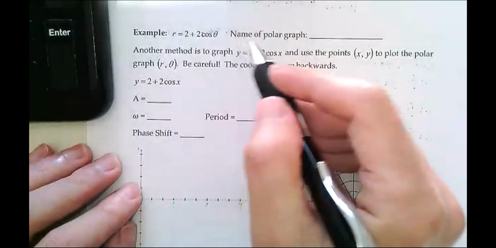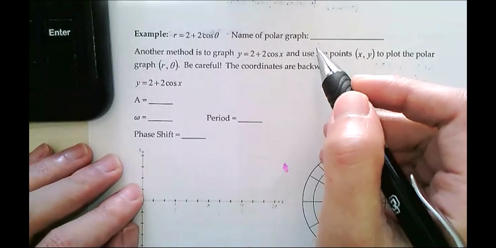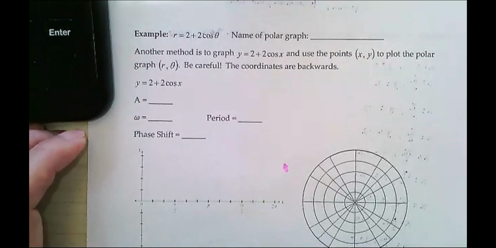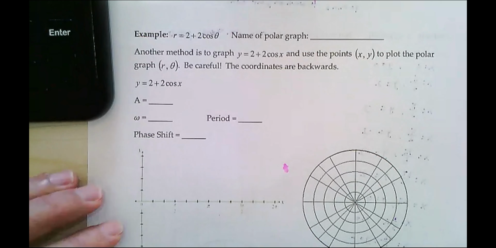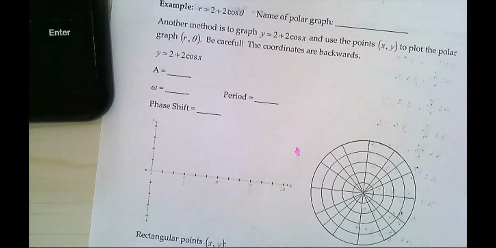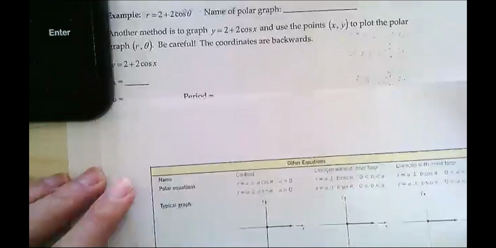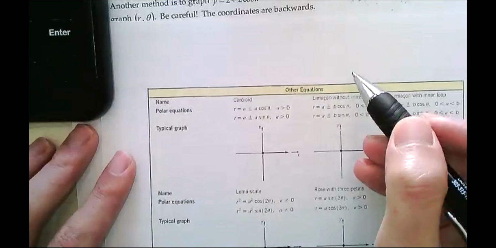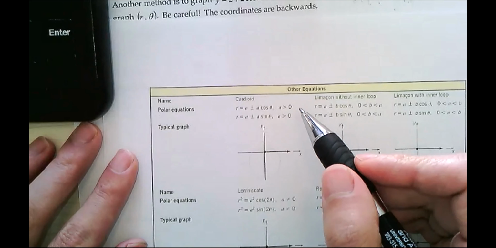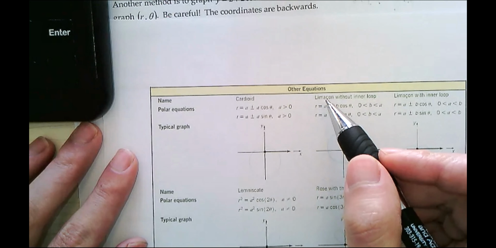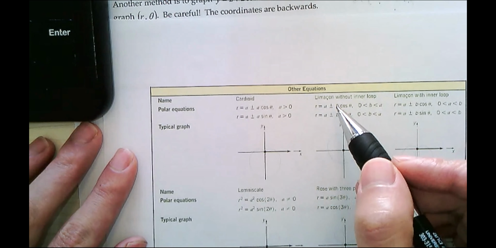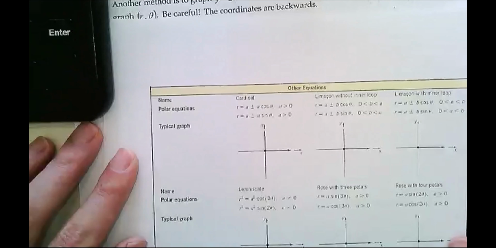Can anyone tell me what's the name of the polar graph? Can anyone tell me? So you look at this table and you see this is a limaçon without inner loop, right? a plus or minus b cosine theta.